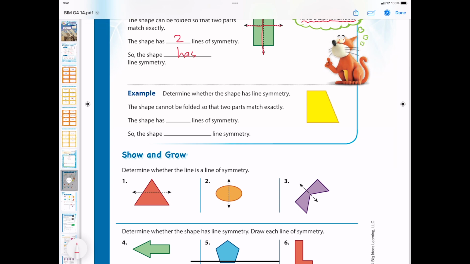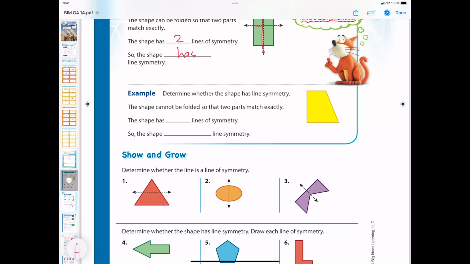Example, another one. Determine whether the shape has line symmetry. The shape cannot be folded so that two parts match exactly. So you see that? Can you find any, like if we fold this way or even that way? We are not going to be able to find any line of symmetry.